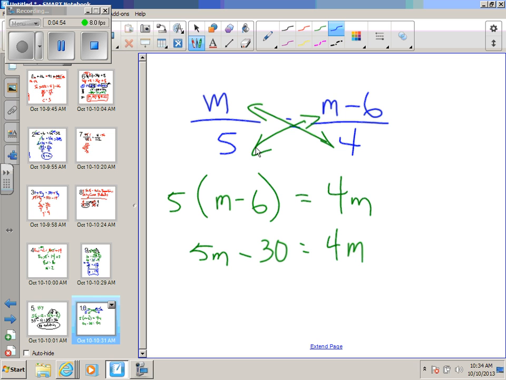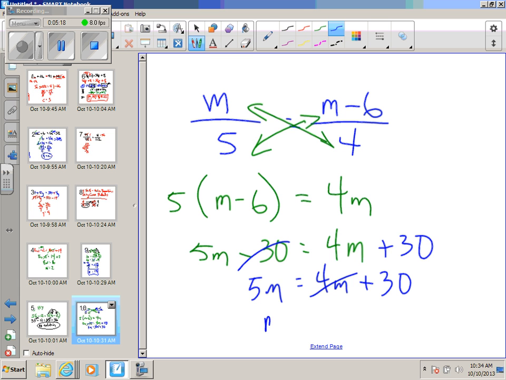Add it, right? So now 5m. Let's get rid of the 4m by doing what? Subtract it from both sides. 5m minus 4m, 1m, which is m, equals 30.